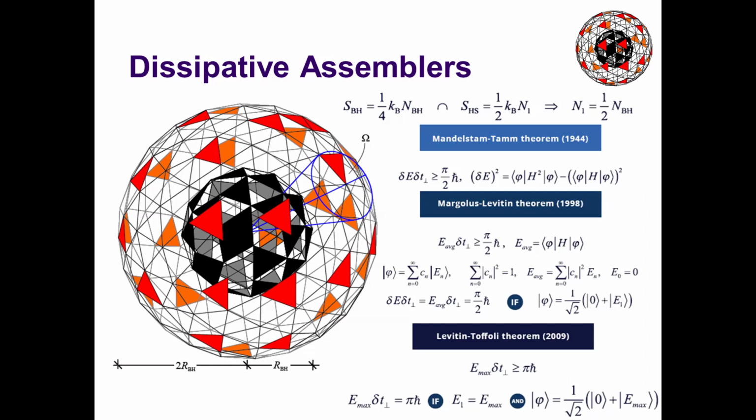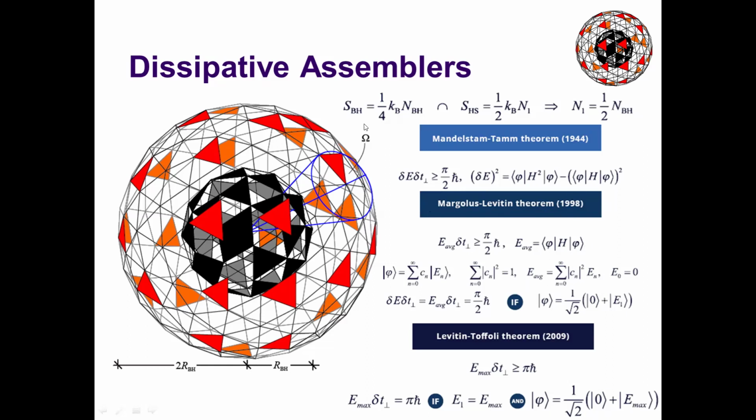So the product of the standard deviation of energy and this orthogonalization interval must be larger or equal to pi h bar divided by 2. This is closely related to the uncertainty principle, and the difference is the factor of 2. So this is somehow an uncertainty principle multiplied by pi. A similar theorem was discovered in 1998. This time it relates to the average energy of the quantum system.